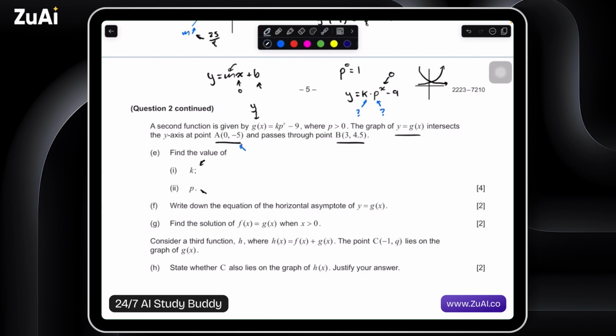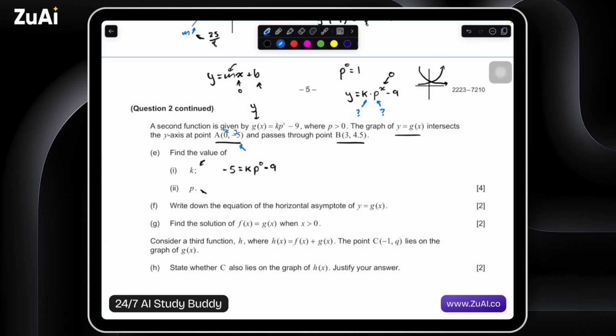Okay. So for this point, we know that this is our x value and this is our y value. So let's substitute those values in. So for k, we have -5 is equal to k times p raised to the power of 0 minus 9.